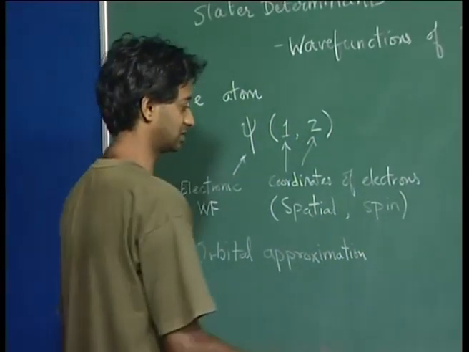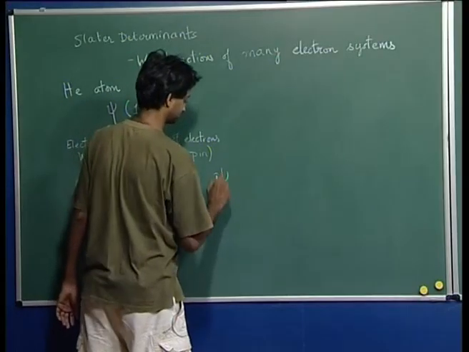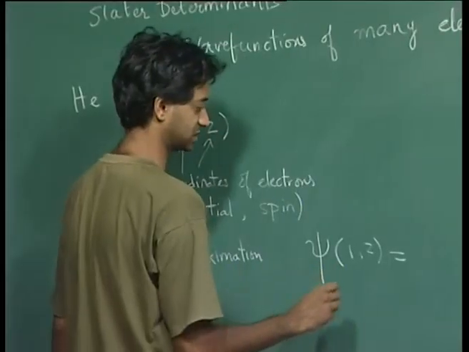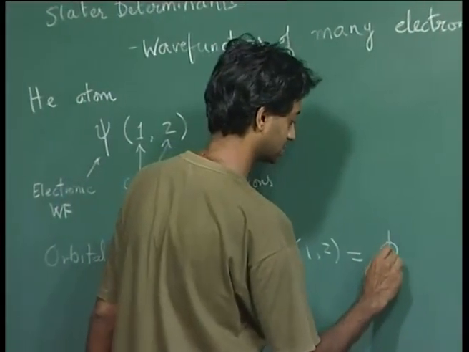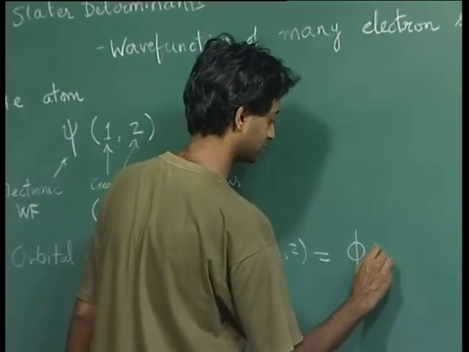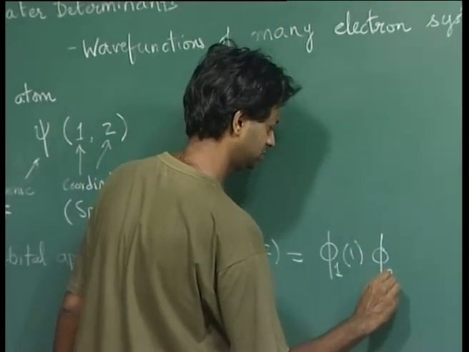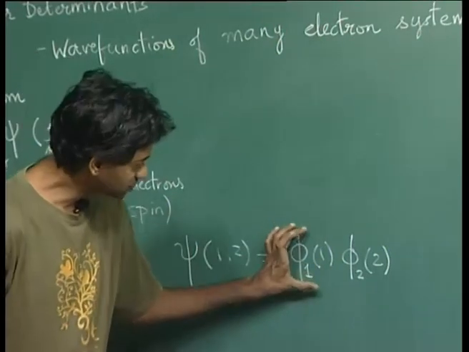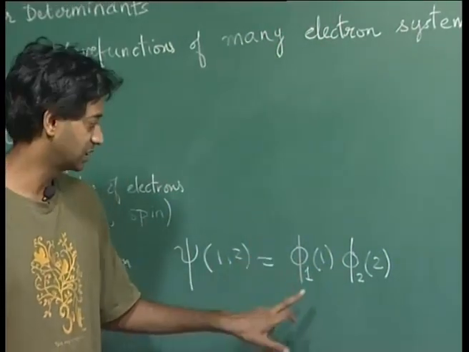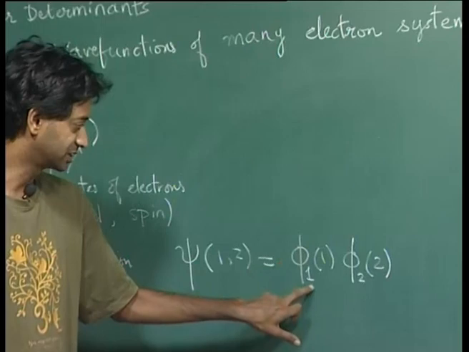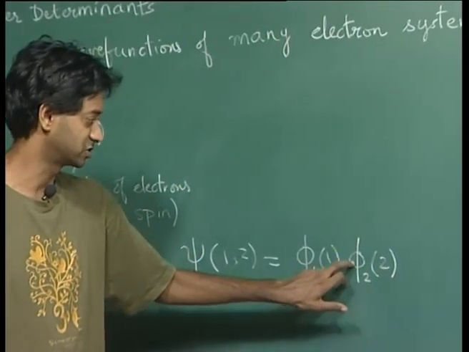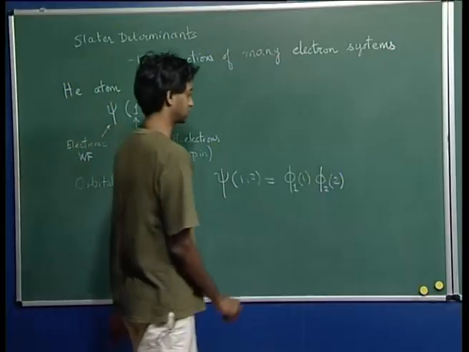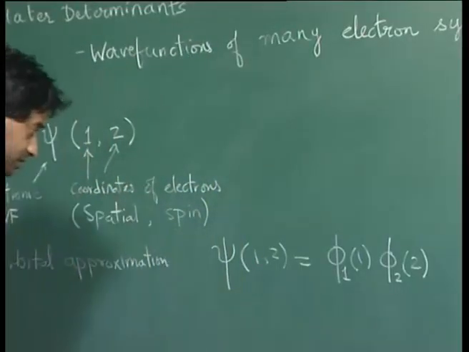So, you can write your wave function of 1 and 2 as phi 1 of the first electron times phi 2 of the second electron, and so we say that each electron stays in its own orbital. So, electron 1 is in the orbital corresponding to phi 1, electron 2 is in the orbital corresponding to phi 2. This is called the orbital approximation.